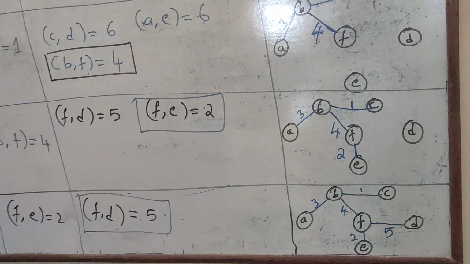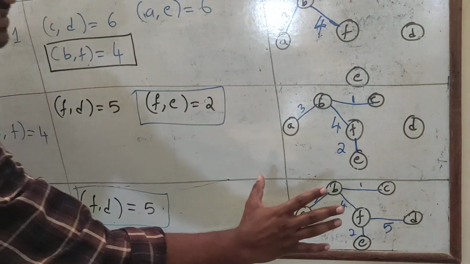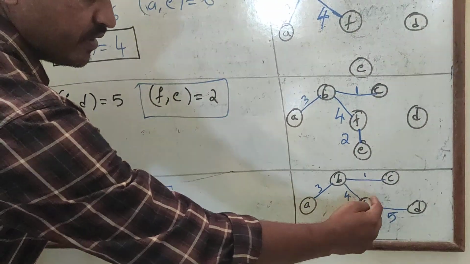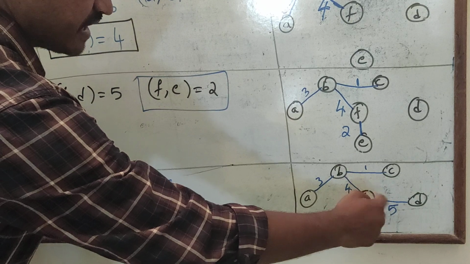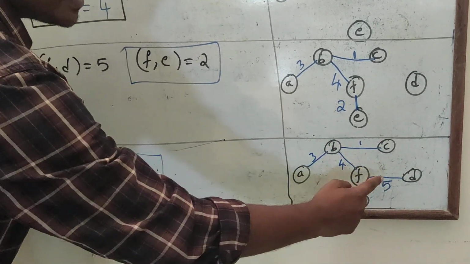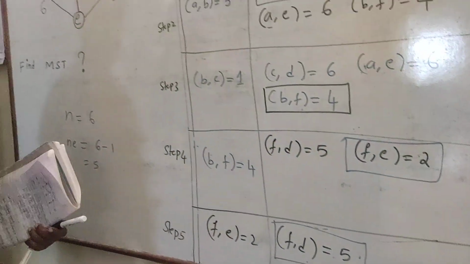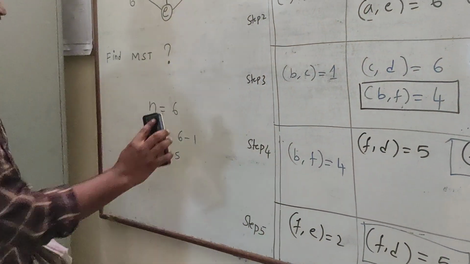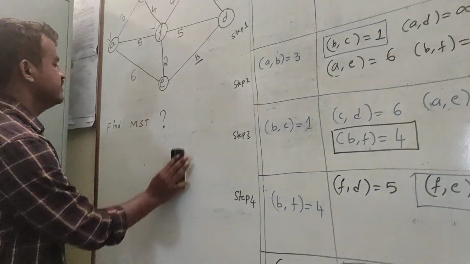Then stop. Because in the spanning tree, there is no cycle. Here, in this considered graph, there is no cycle. All nodes are connected. Then you can count the value. Later in the main exam, you have to write the solution.